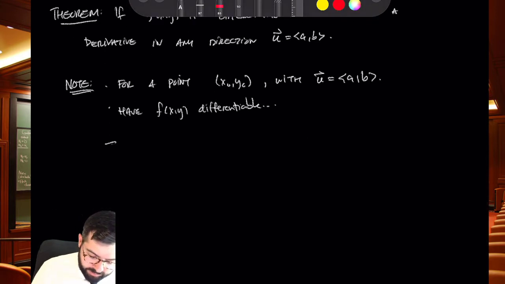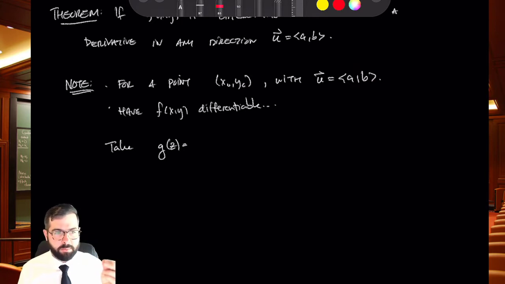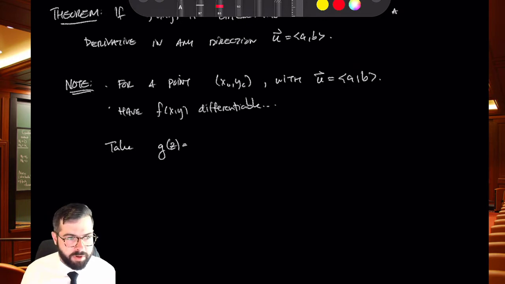What we can do is, I'm going to be a little creative and show us, by making a substitution, that we can have a more workable form for the directional derivative. Okay, so that's my motivation here.